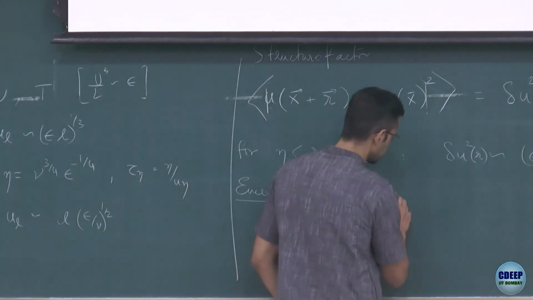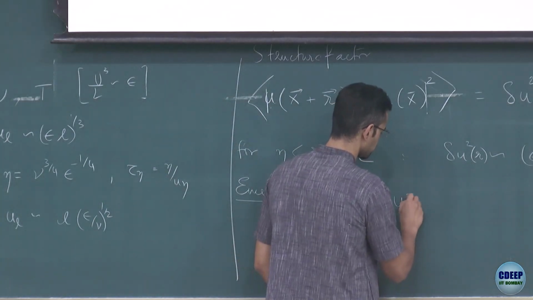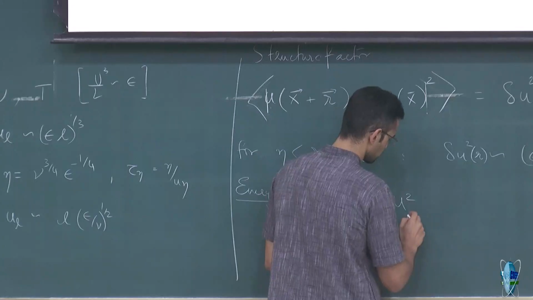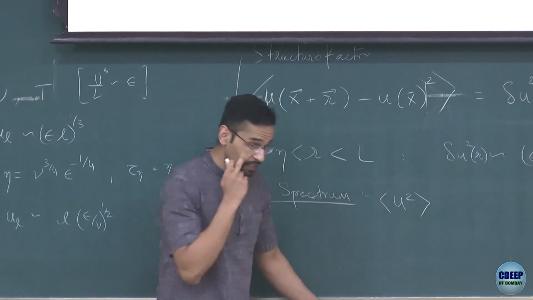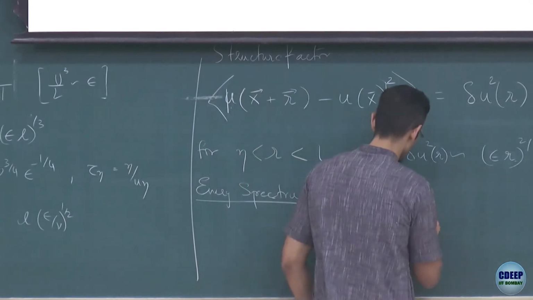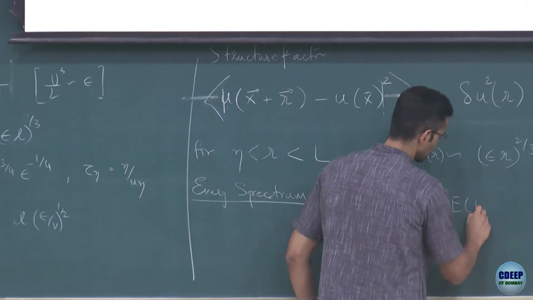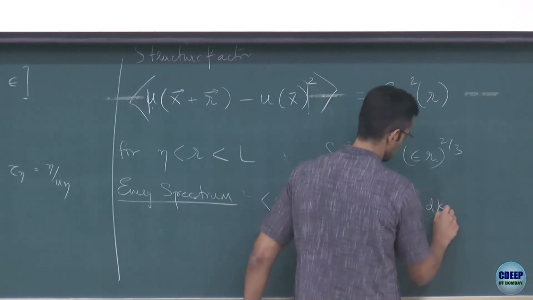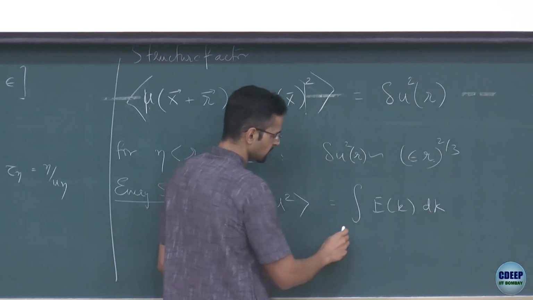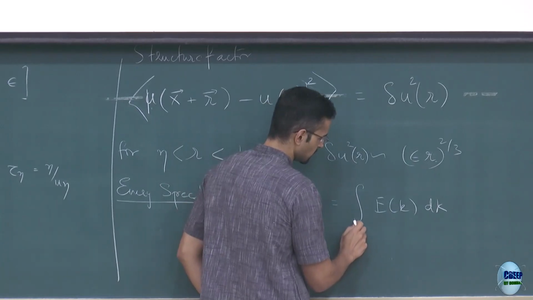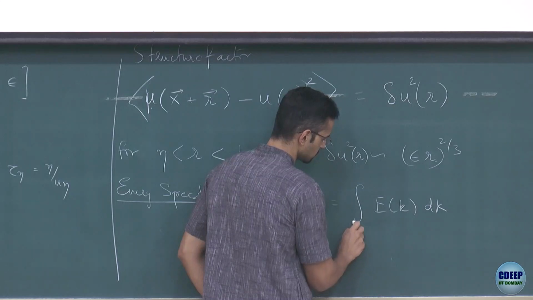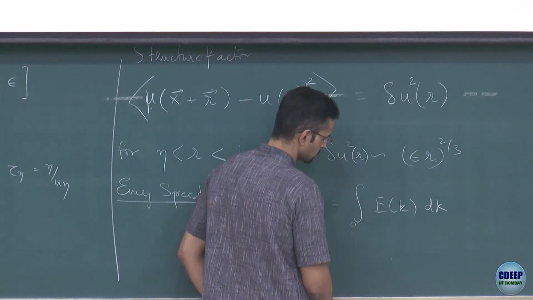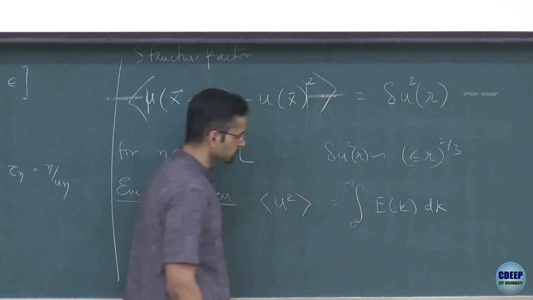So what I can do is write the total kinetic energy. The average kinetic energy of the flow can be written as the integral of E of k.